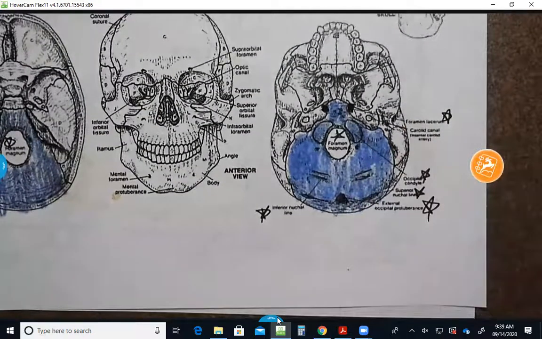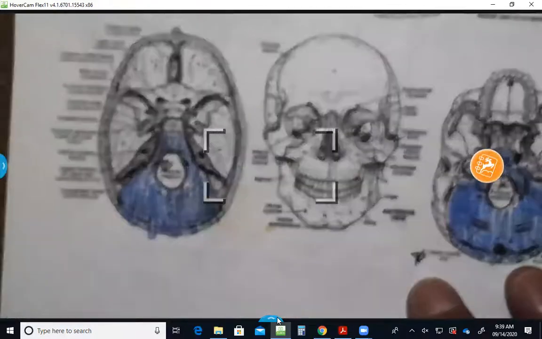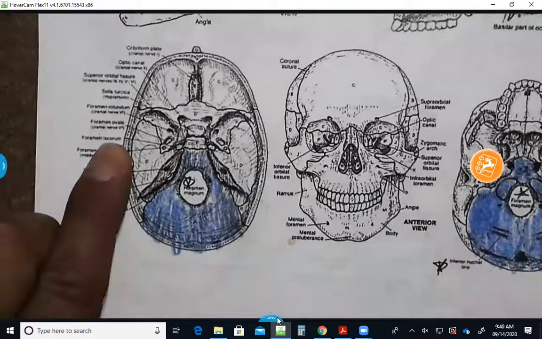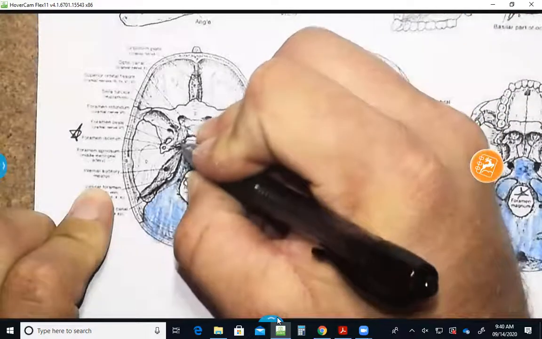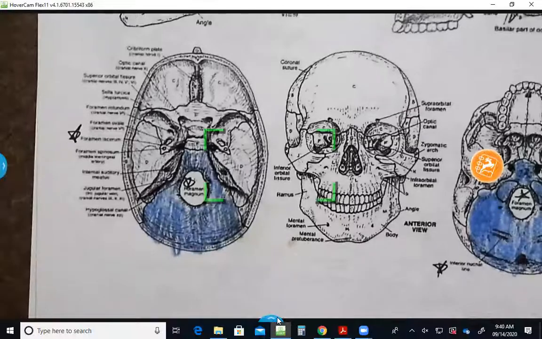Lacerum, I don't know how to pronounce that. Which is actually a pair of holes that's shared between this bone, our occipital, but also the sphenoid bone as well. And I would imagine they're visible right here on this picture. So I guess I'll highlight them over there. Foramen lacerum, however you pronounce it.